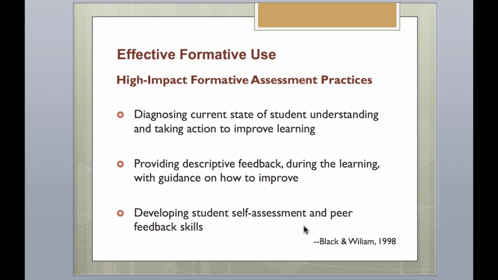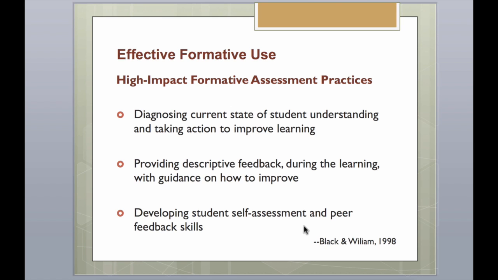Now, on the formative side, when we look at the formative side of assessment, effective formative use, we're still in key 4, effective use of information, effective communication, and we're thinking about the formative side of it. Now, as many researchers have been sharing with us over several decades, formative assessment practices fall into 3 categories.